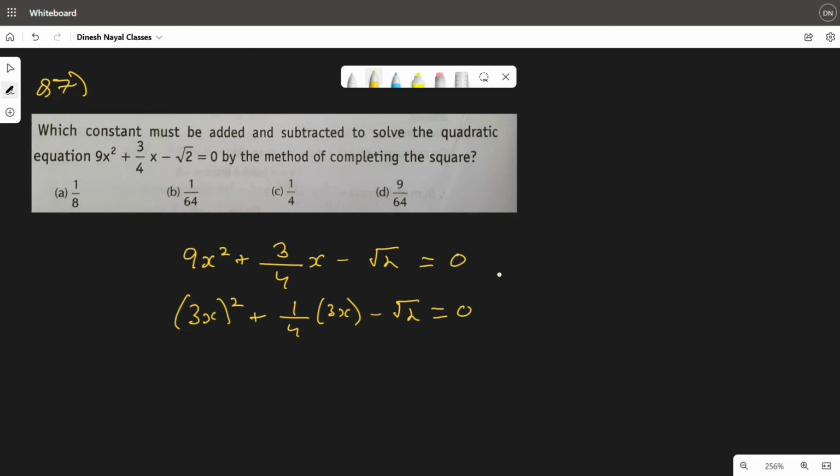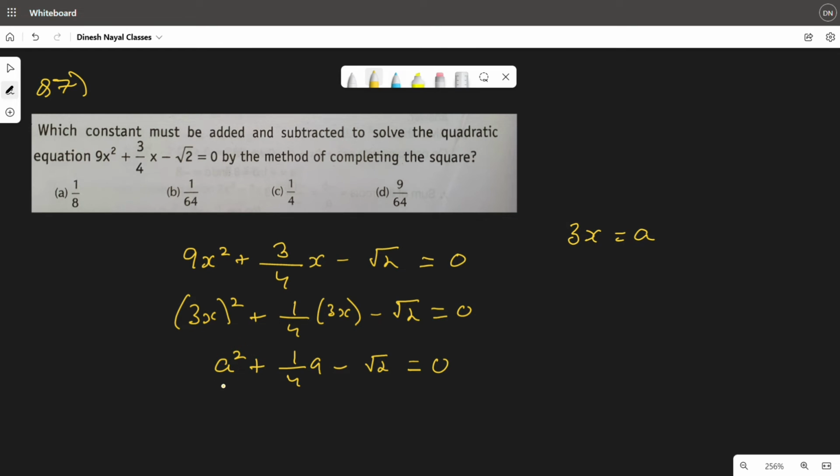Now what you have to do is let's suppose 3x equals a, because that will be converted to a quadratic equation in which the square term has the coefficient 1. So taking 3x equals a, this will be a square plus 1 by 4 a minus root 2 equals 0. And now you can see this is a quadratic equation in a in which the coefficient of a square is 1.